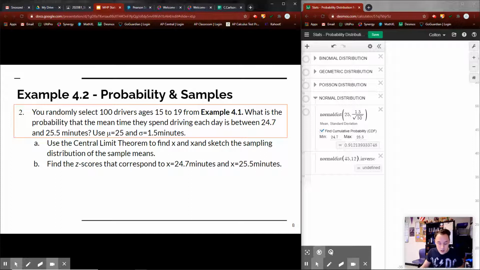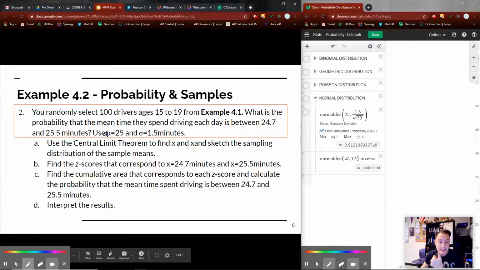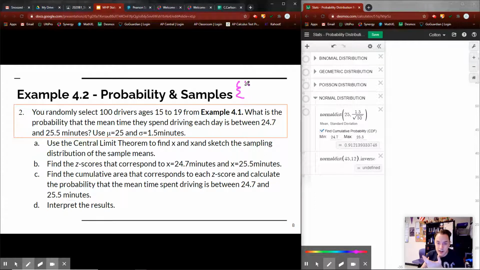So with this question, what it's asking us is a lot of different things. First of all, it's going to give us a different n. So now you randomly select 100 drivers. I'm actually going to go off to the side. My n equals 100, between 15 to 19, just like our last example.